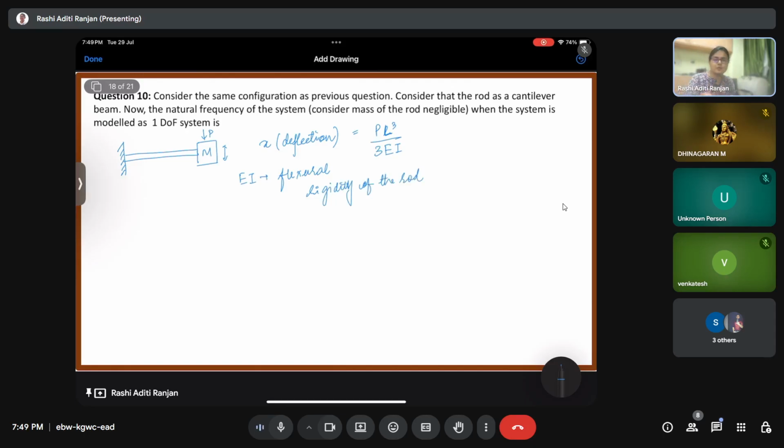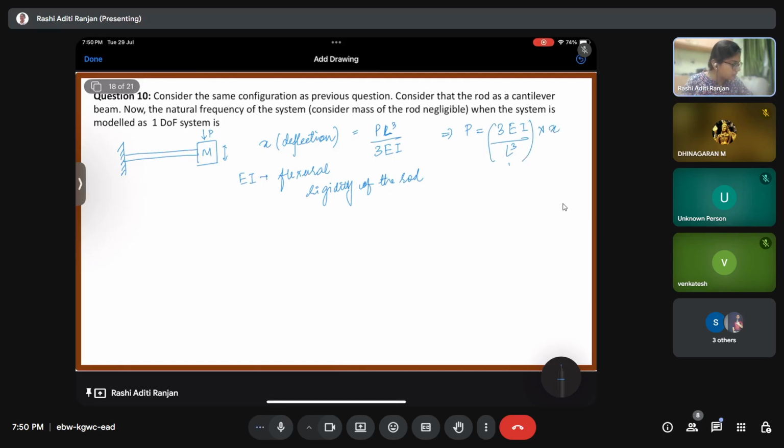E is the Young's modulus and I is the moment of inertia that you know. So if I relate it, I get P equals 3 EI by L cube into X, where X is the deflection.